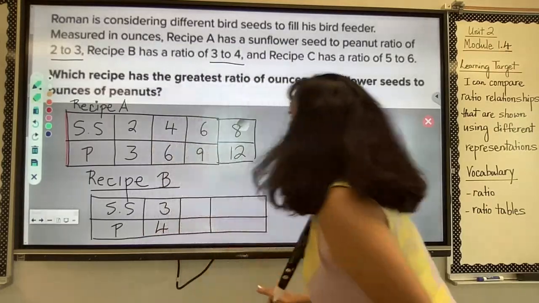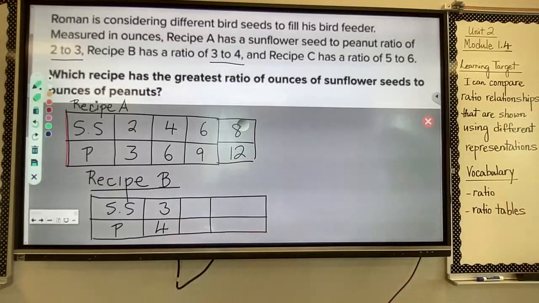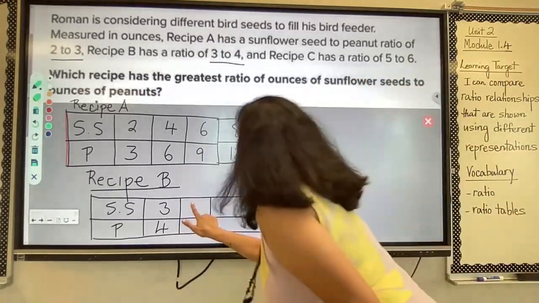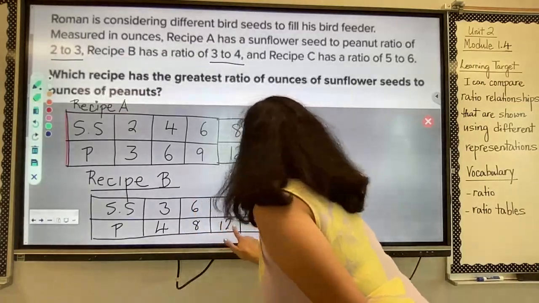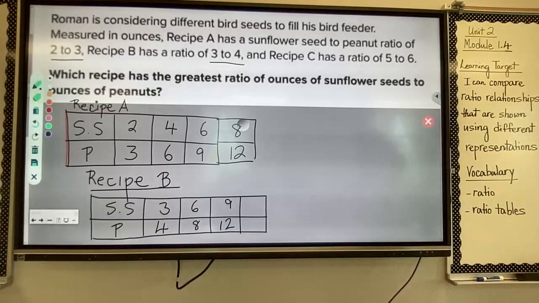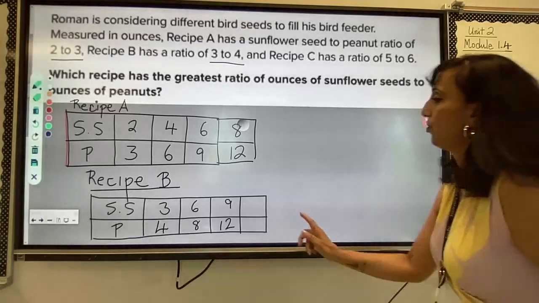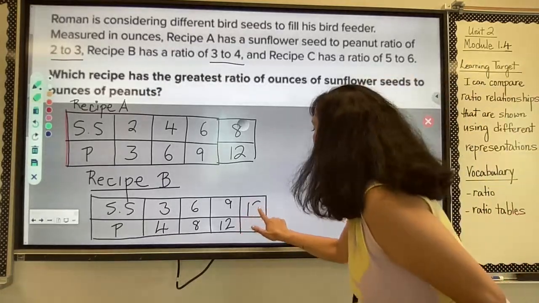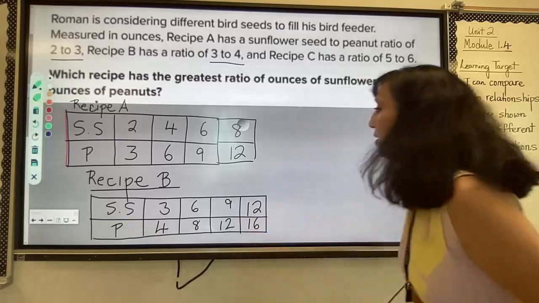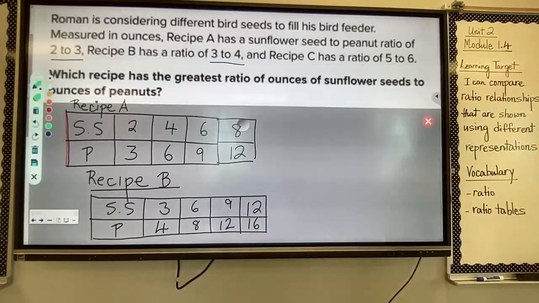So I'm going to create equivalent ratios with 6 to 8, 9 to 12, and then I have 3 times 4, which is 12, and 4 times 4 is 16. So here's my equivalent ratio table.